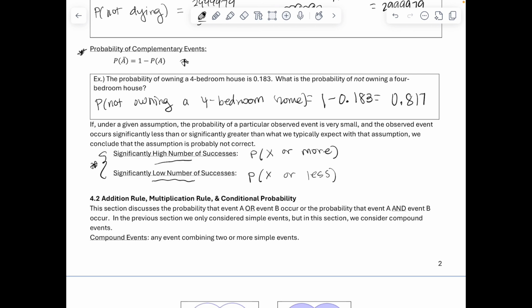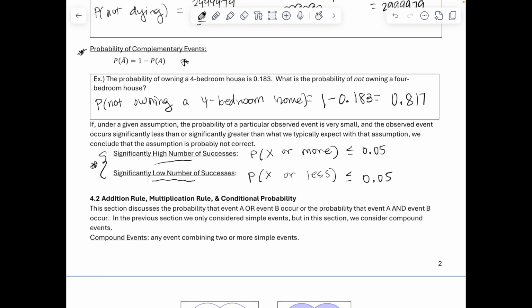But for both of these, significantly high and significantly low are going to be things that just don't have a likelihood of occurring. This means that we have a very small probability of them actually occurring. And for us, having something small is going to mean less than 0.05. So both of these would be less than or equal to 0.05, so very unlikely that they occur.